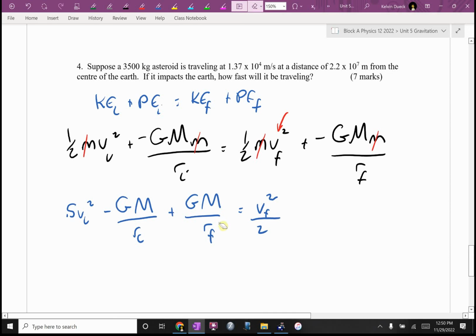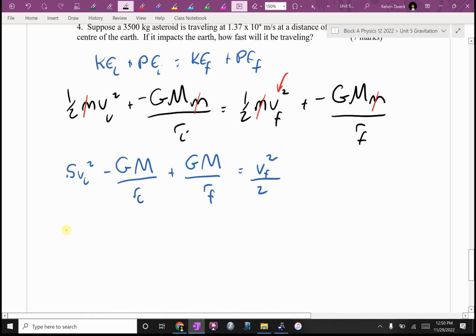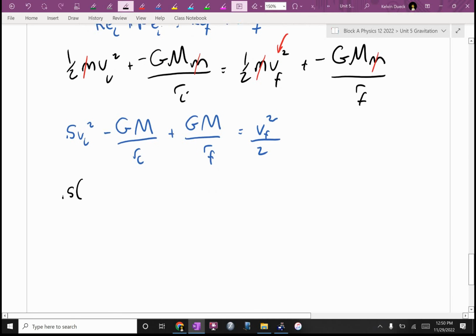I am going to turn this into a number. First, I'm going to substitute the numbers in because this is a lot of typing. So we're going to have 0.5. I've scrolled down. What was the initial velocity or speed? 1.37 times 10 to the 4th. That's traveling pretty fast. Don't forget the squared. Minus big G. Are we Earth?